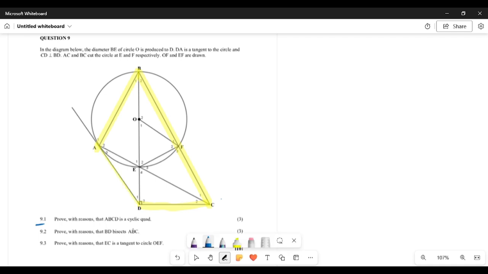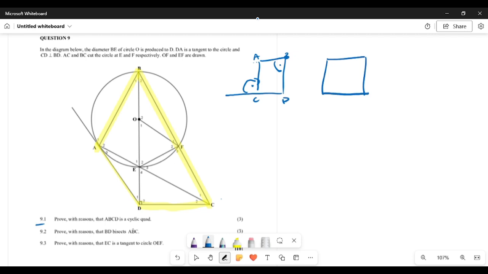The first step is that if you could prove that an exterior angle is equal to the opposite interior angle, therefore ABCD would be a cyclic quad. Second, if you could prove that opposite angles are supplementary, meaning that when you add them, you're going to get 180, therefore ABCD would be a cyclic quad.